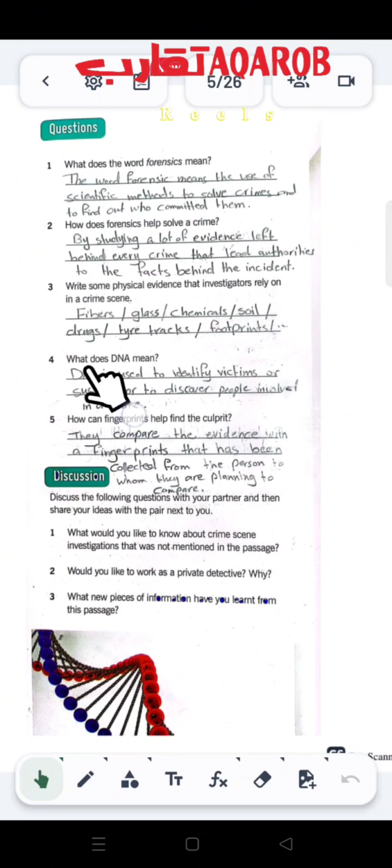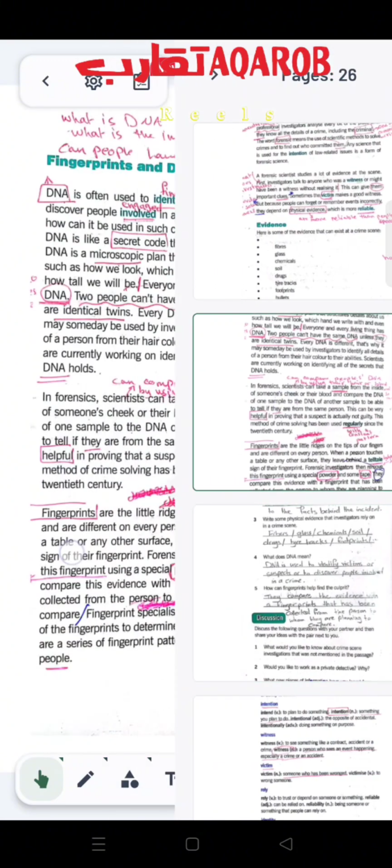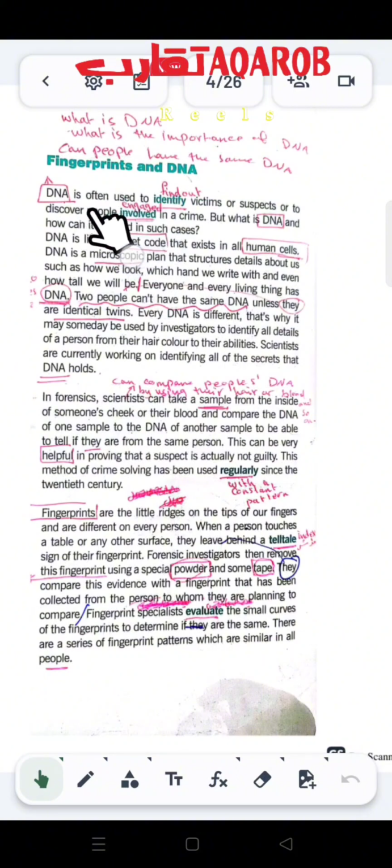Question number 4, what does DNA mean? DNA is often used to identify victims or suspects or to discover people involved in a crime.